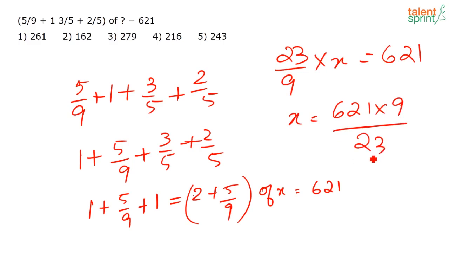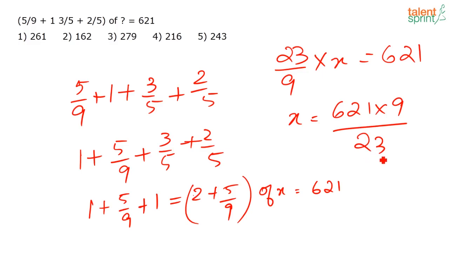Now see, here we know 23 into 2 is what? 23 into 2 is 46. Correct? So 23 into 20 is going to be 460, and 23 into 30 is 690. Correct? So here we are getting 621, and since the answer is a whole number, definitely the 621 has to be divisible by 23.